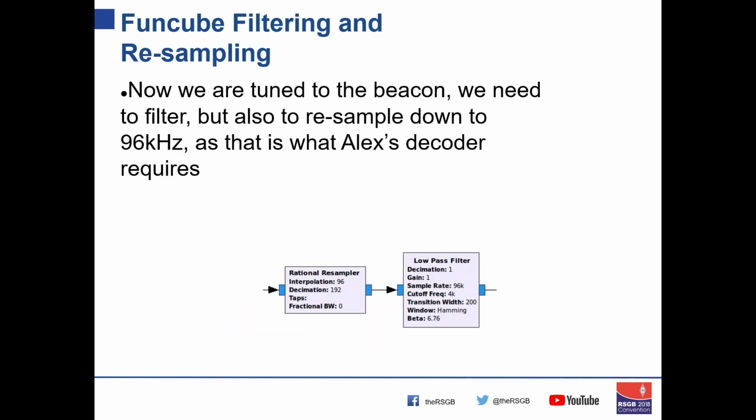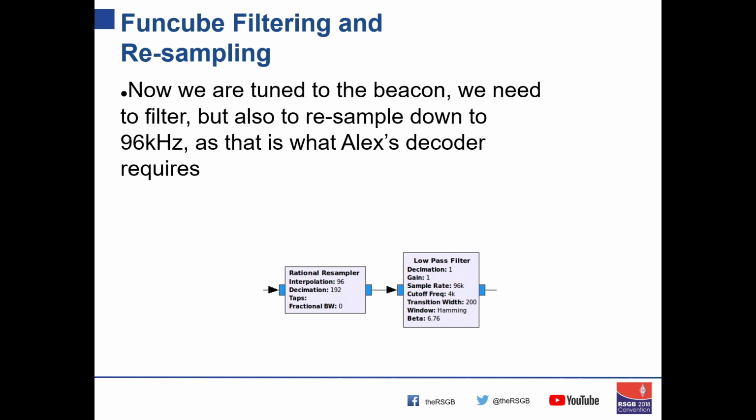Now we're actually ready to filter and resample. We want to filter it so that we've got the largest signal to noise within the filter possible. But we also need to resample it down to 96 kilohertz, because that's what Alex's decoder requires. So we resample it, it's the same resampler you saw on a previous slide, and we pass that through a low pass filter.